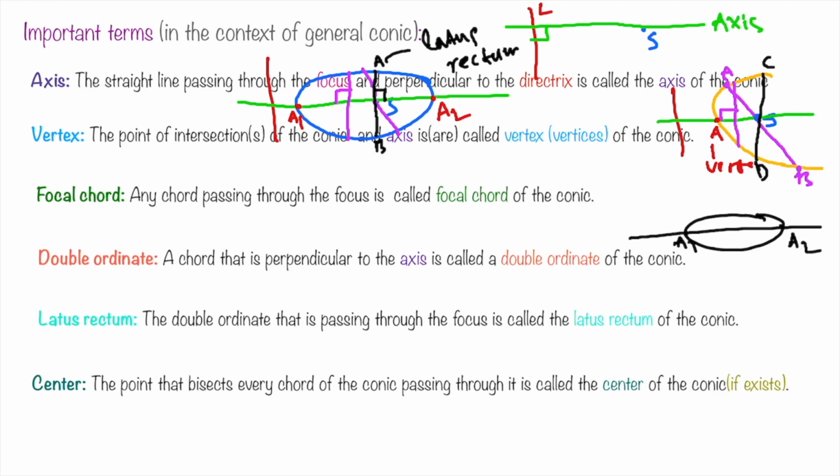If you take the midpoint of these two vertices, let's say C, this will work as a center, because if you take any chord through it, it will obviously bisect. Any chords. That's why for ellipse center makes sense. But if you work with a parabola, then center does not exist.